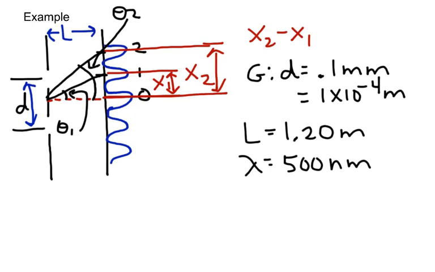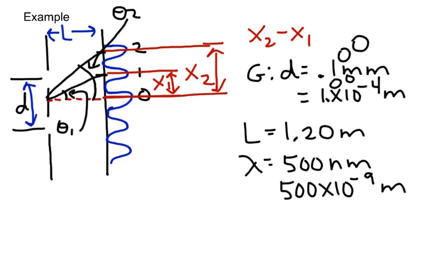Now, nano is a prefix for times 10 to the minus 9 meters. I want to go ahead and insert a few zeros for my distance between the two slits, just in case I want to round my answer to two significant figures. So let's do that.